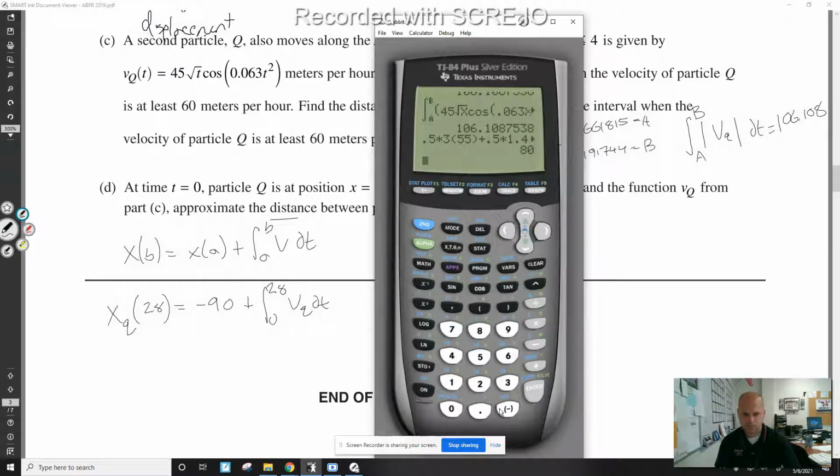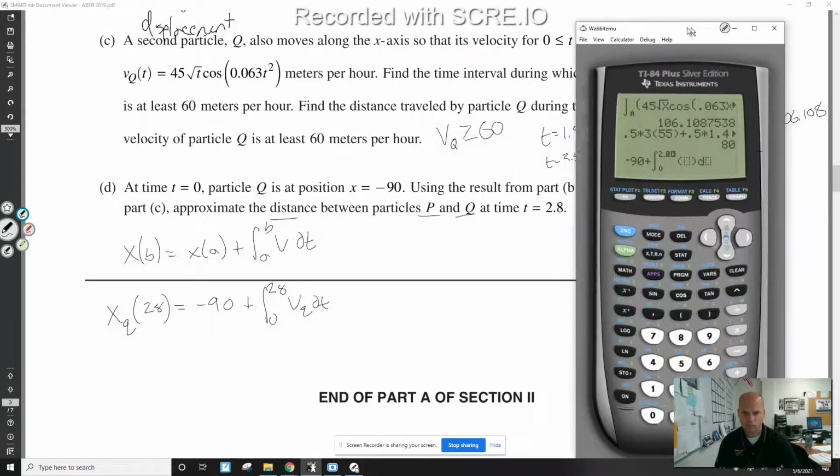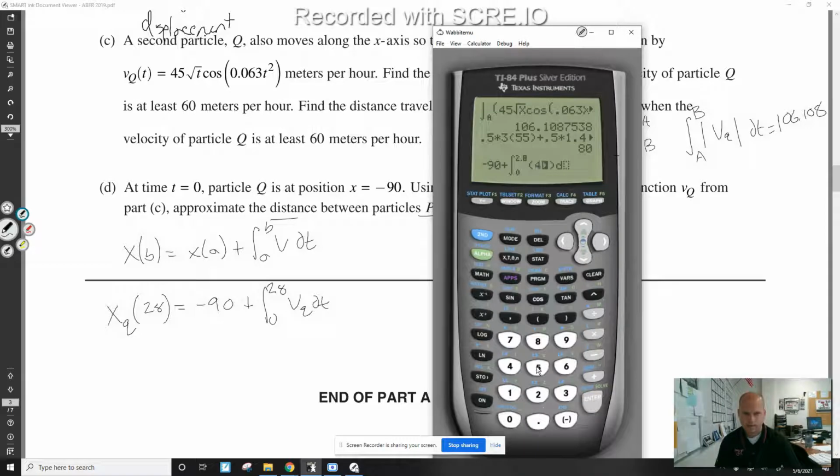I'm going to do that. I get 45.937. So that's my position of particle Q.